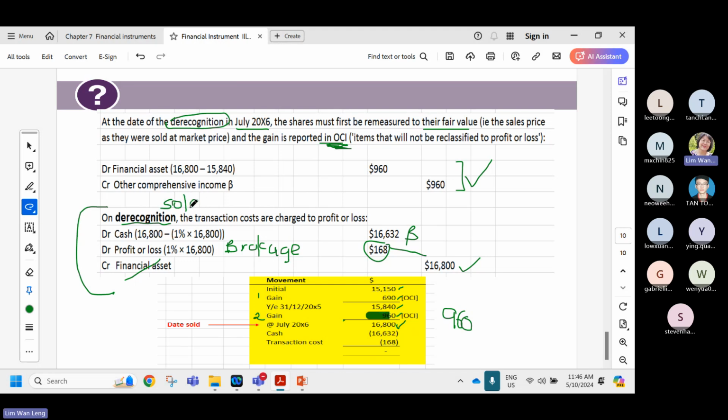Remember, one of the criteria for derecognition is when the asset has been sold. Then the transaction cost, which is the brokerage charges, will be charged to the SOPL. And this one, remember, it is fair value through OCI. So that's why any changes in the fair value gains, in this case, everything will charge to the OCI component.